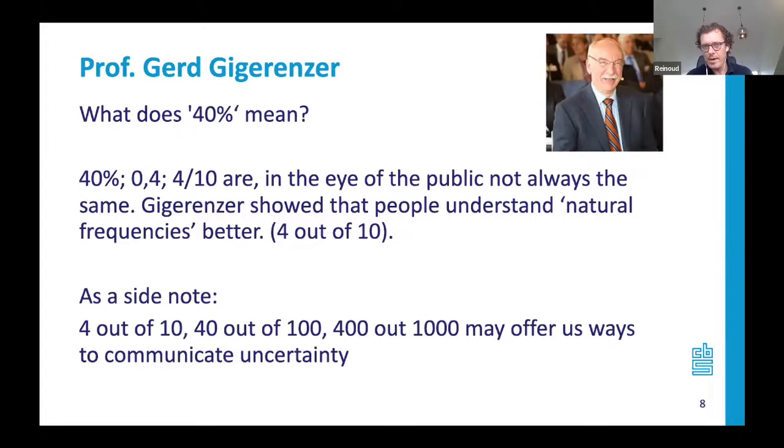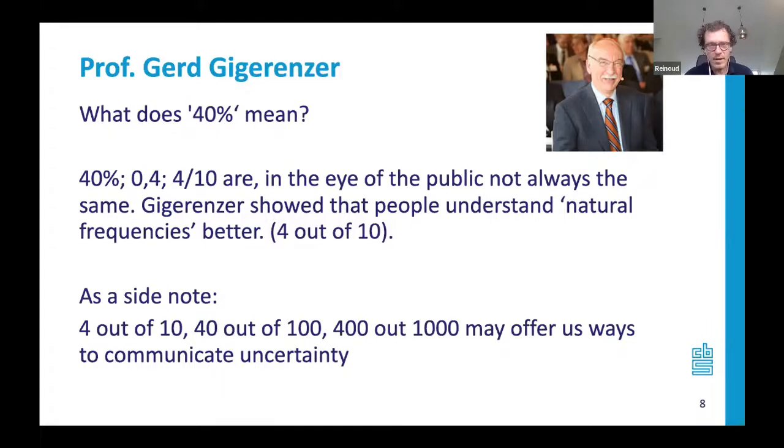But the general public may have different interpretations of the 40%. For example, 40%, 0.4 or 4 out of 10 are in the eye of the public not always the same. And Gigerenzer showed that people understand natural frequencies, 4 out of 10, much better than other ways of presentation.